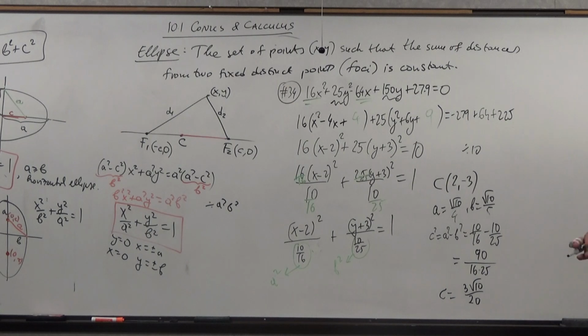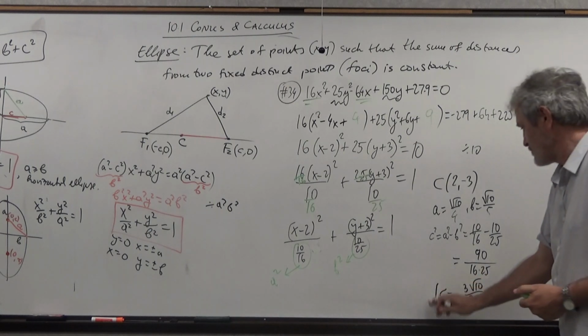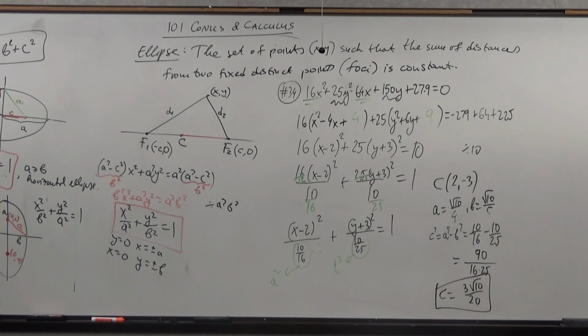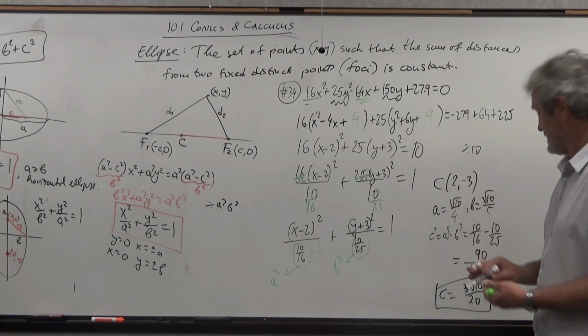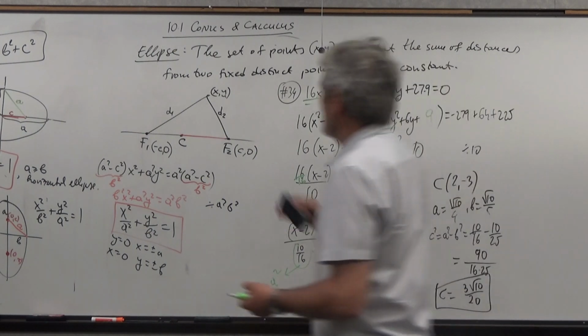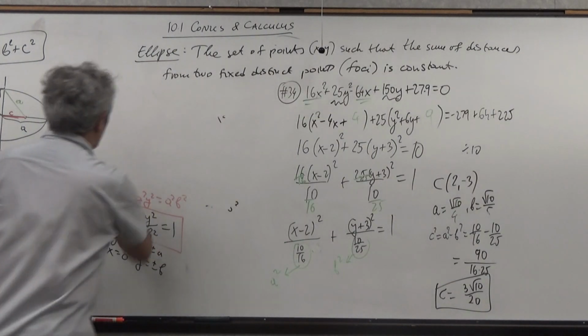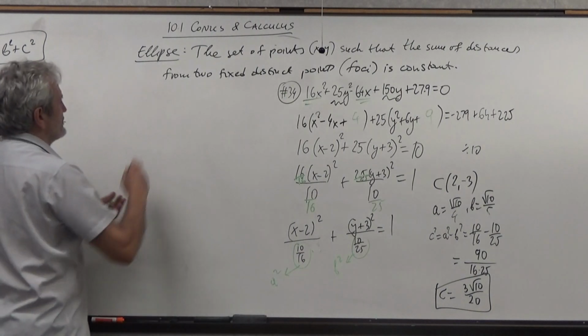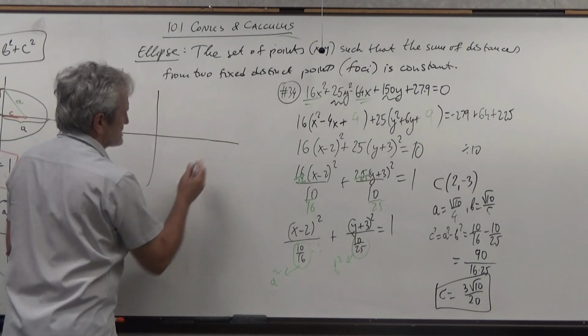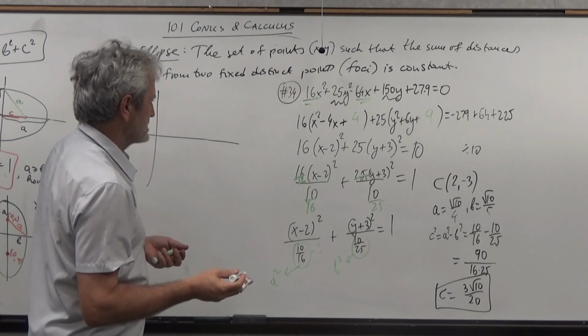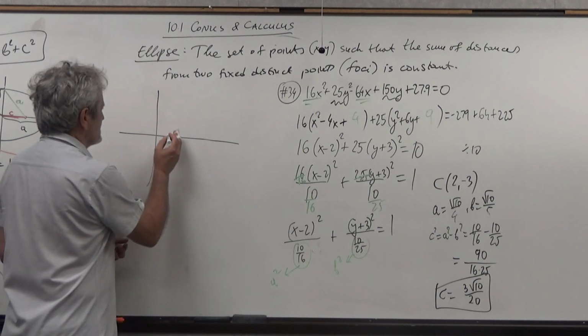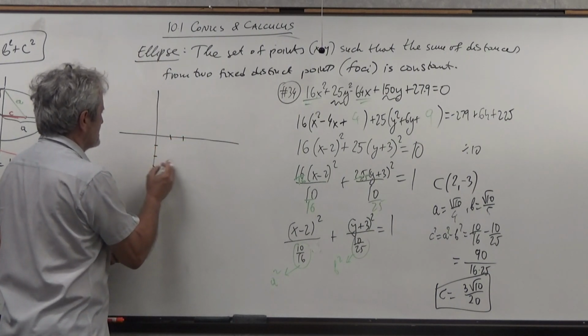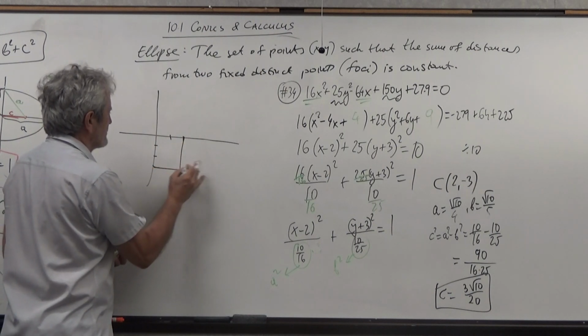So generally, if I need to report things, that's a little tricky sometimes when you need to report things like your ellipse, so you have to be careful. So where are the features of that ellipse? Everything has to go from the center. So center is at 2, negative 3. So here's your center.